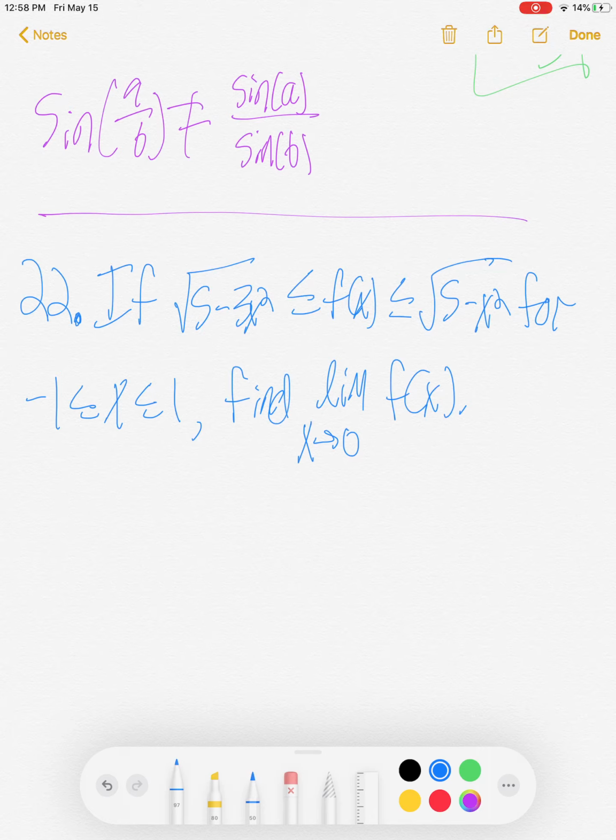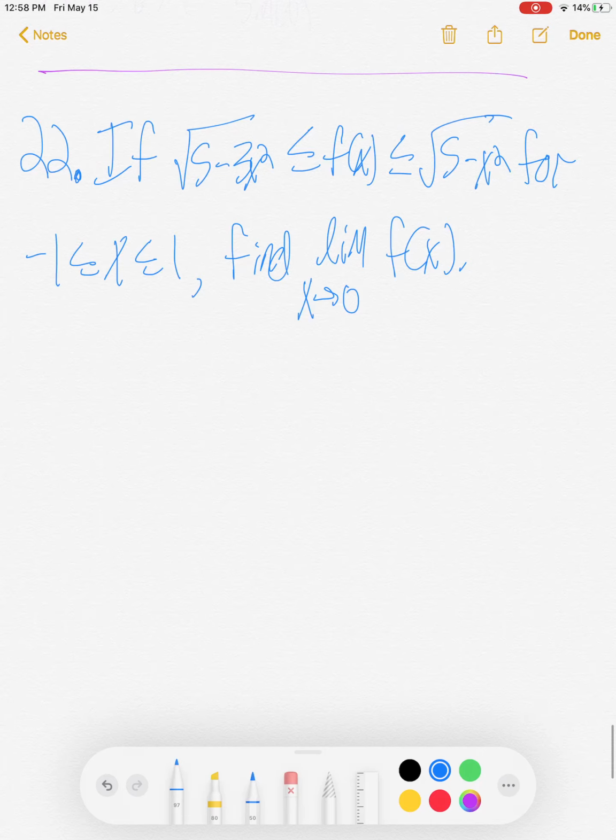Now, if you're like me, when you read this, the first thing you think is, what the heck? How am I supposed to find the limit as x approaches 0 of f of x if I don't know what f of x is? All that I know is that it lives between these two things, but I don't know exactly what it is, so how the heck am I supposed to decide that?